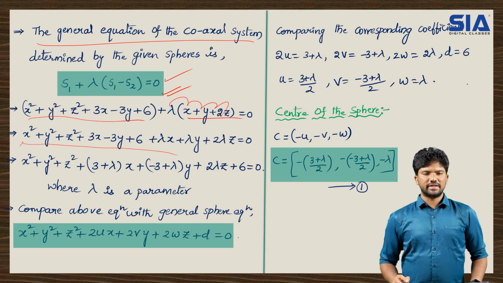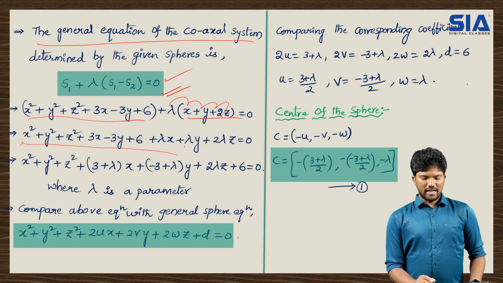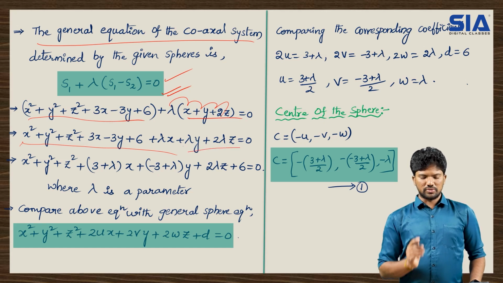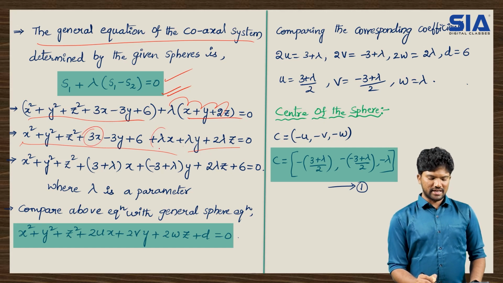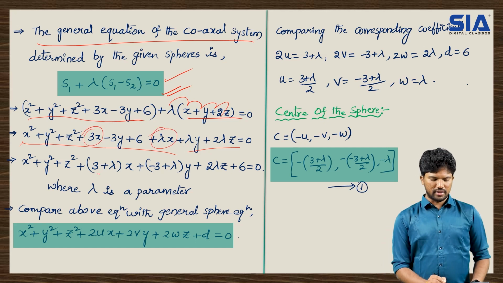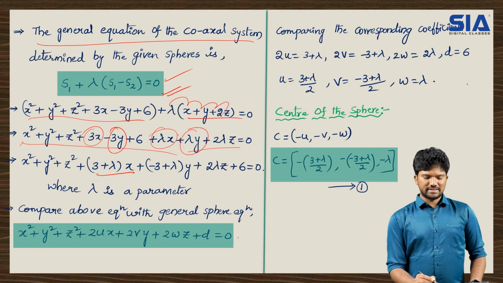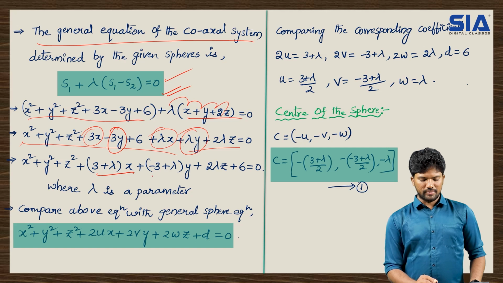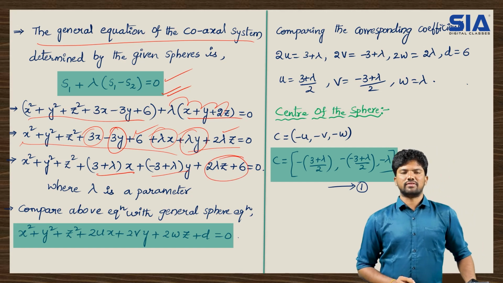So x square plus y square plus z square plus 3x minus 3y plus 6 as it is, plus lambda x plus lambda y plus 2 lambda z is equal to 0. Take x common: 3 plus lambda into x. Take y common: minus 3 plus lambda into y. And plus 2 lambda z. Both are constants, so write them at one place.